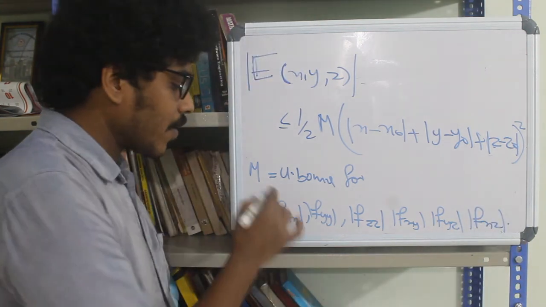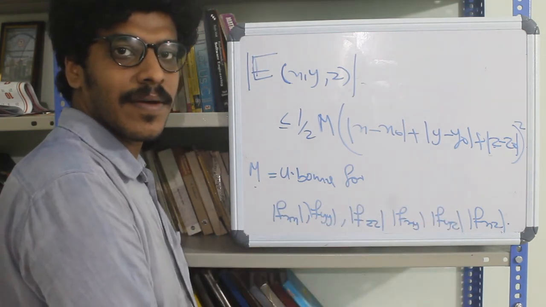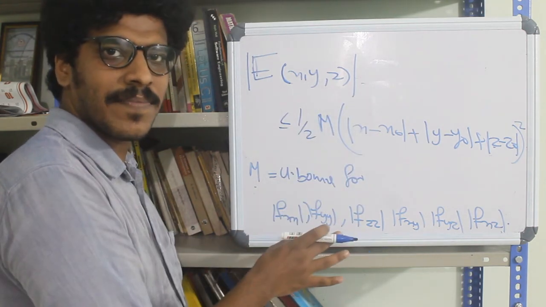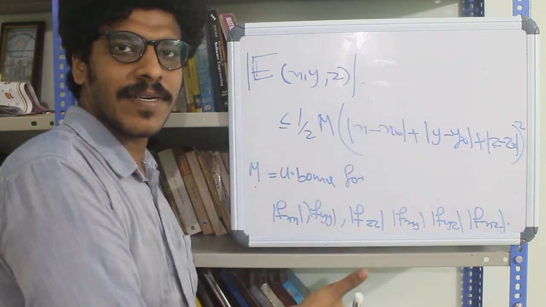Right. So now M has to be the upper bound for all of these absolute values. So things change accordingly. The change reflects everywhere. But still we can directly extend the formula for any number of variables.